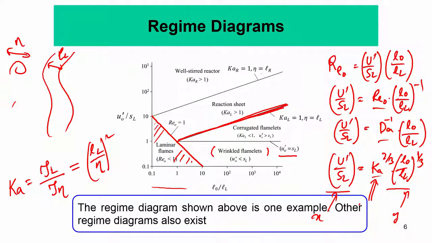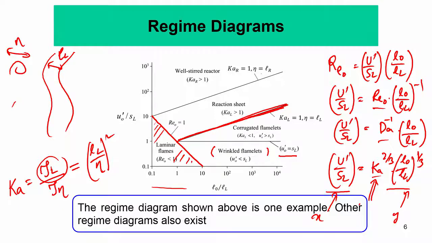But in the regimes greater than Karlovitz number equal to 1, once the flame thickness becomes bigger than the Kolmogorov length scale, the smallest scales of turbulence can enter into the preheat zone and distort the structure there. As such, it can enhance the molecular diffusion with turbulent diffusion in the preheat zone.